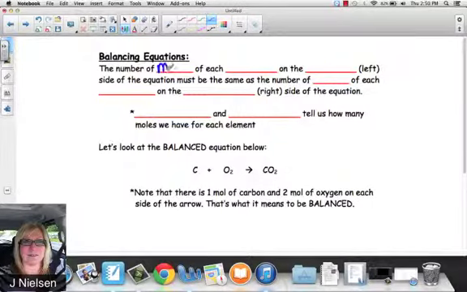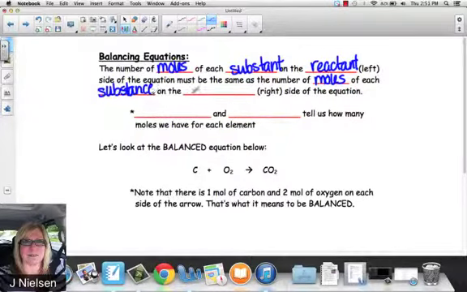So the number of moles of each substance on the reactant or left side of the equation must be the same as the number of moles of each substance on the product or right side of the equation.